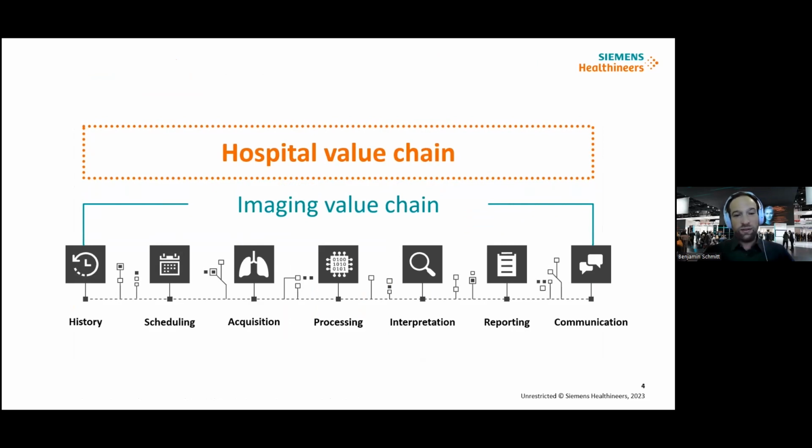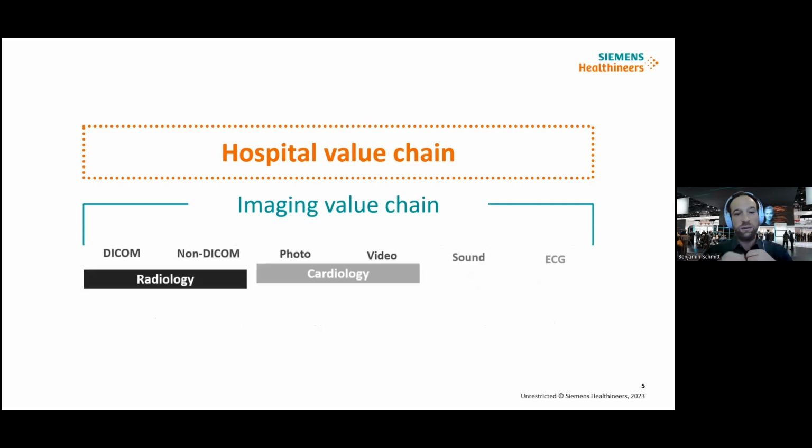But a lot of it evolves around the imaging value chain, because images and data derived off of images or lab data keep coming back into the treatment realm. So when we look at this imaging value chain, we can identify points in the chain that are repeating themselves. So how do we bring this all together and make it usable?